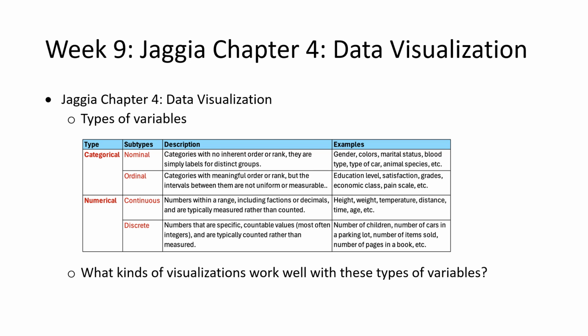So a categorical variable is largely just a label, usually a word or short phrase that indicates some sort of categorization. So on the far right, if we take a look at the examples, things like gender, color, marital status, blood type, etc. So if you remember from, I don't know, week 4, I think, frequency tables, where we had a column of categories, labels, and we had a column called frequency, and we had a column called relative frequency.